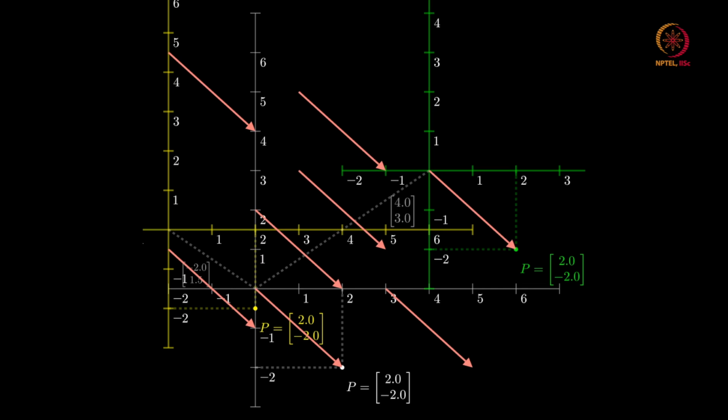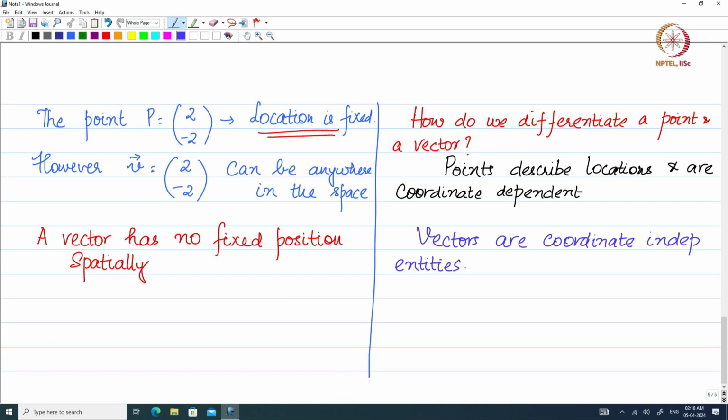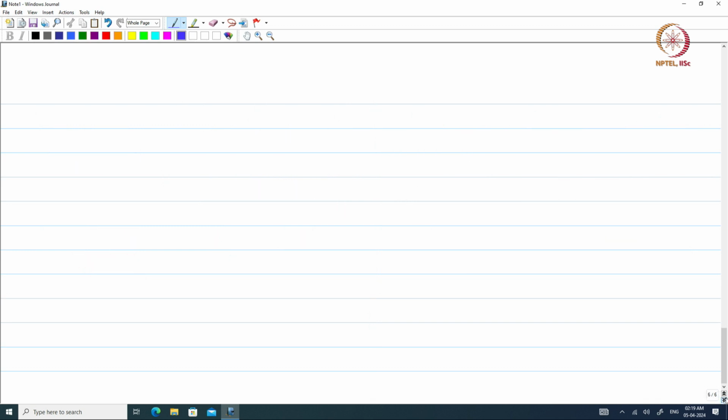Now why are we trying to emphasize so much on this difference between the points and vectors? It is very interesting because when we try to make geometric constructions, we would want to make coordinate independent constructions rather than coordinate specific constructions, because when you work with points where the locations are fixed, you are going to have serious trouble, which we will see in a couple of minutes from now.